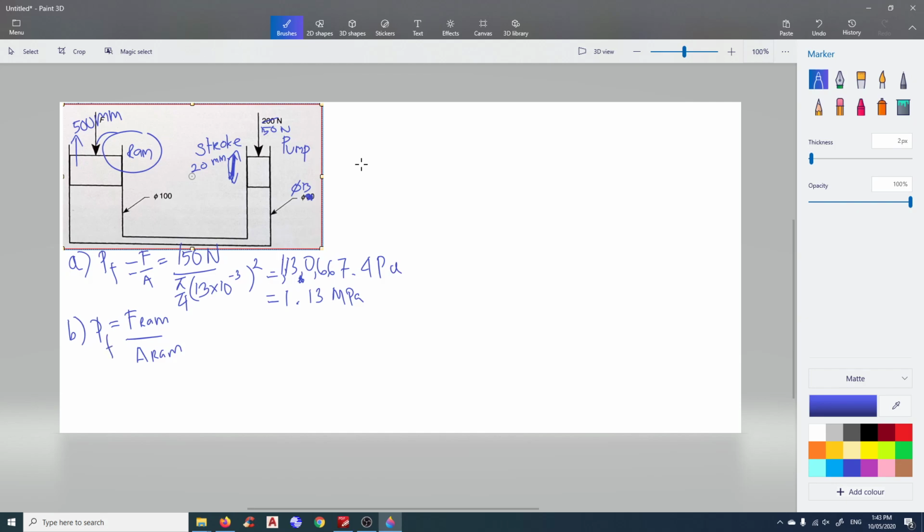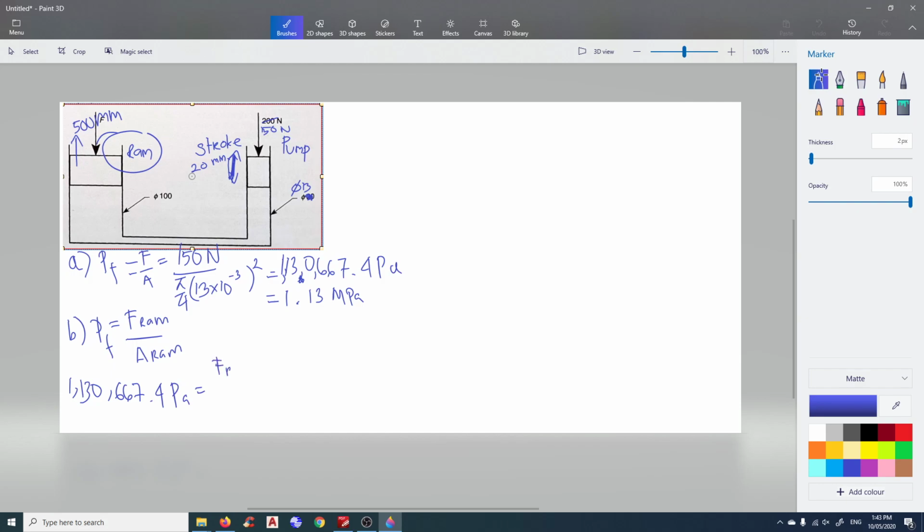Remember, the fluid pressure will be the same everywhere. So we have 1,130,667.4 Pascal.